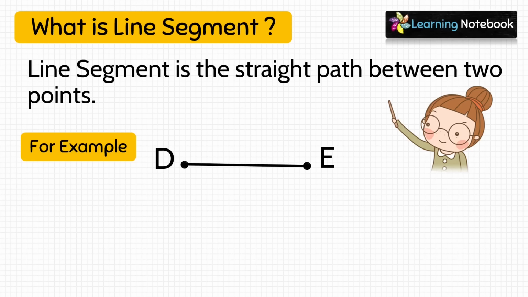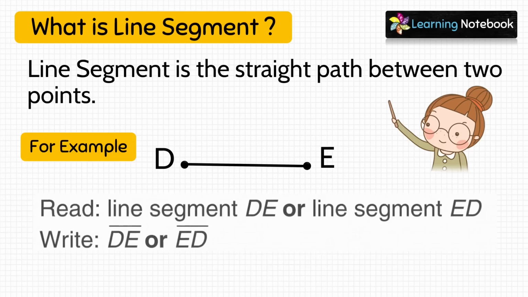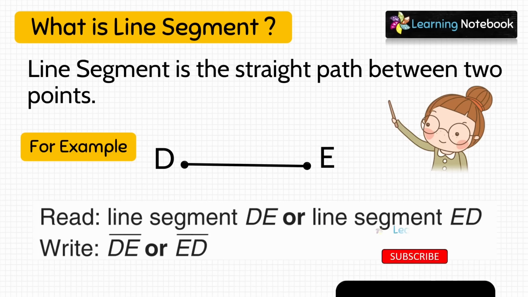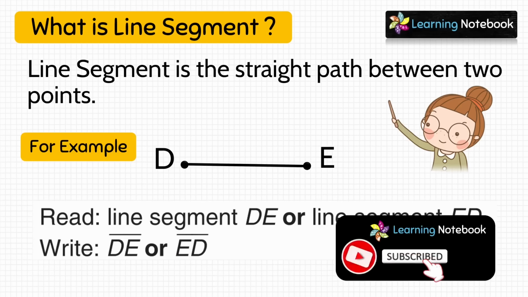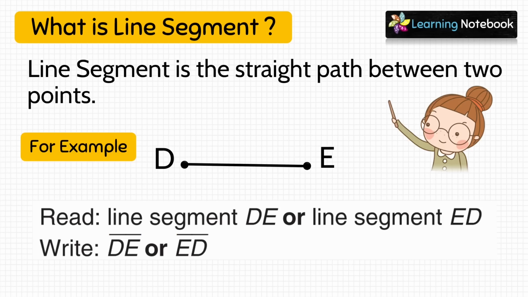Now, let me show you how to read and write line segment. We will read it as line segment DE or line segment ED. Both the ways are fine. Similarly, we can either write it as DE or ED with a small line segment on it.